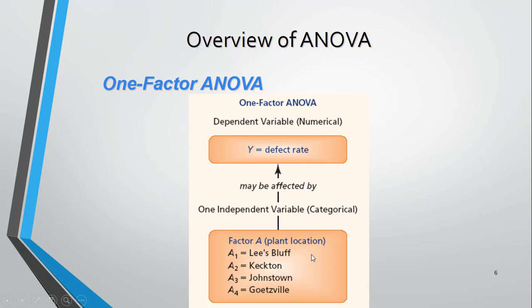The company has 4 plant locations: Lee's Bluff, Cacktown, Johnstown, and Goysville, A1, A2, A3, A4. Basically, we're examining to see if the defect rate is the same across all 4 locations, or maybe one of the factory locations is doing better or worse than the rest.